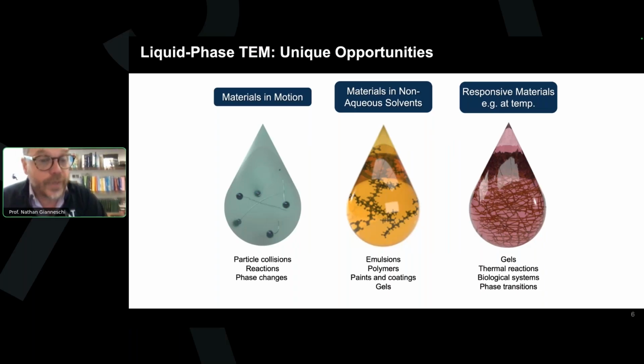Another might be non-aqueous systems that don't yield to cryogenic preservation, as does the vitrification of water. And finally, most relevant to this discussion is responsive materials, or materials that have structure depending on the solvated state and or the temperature. And so, of course, the gel candidate that I'm describing fits both of those categories.